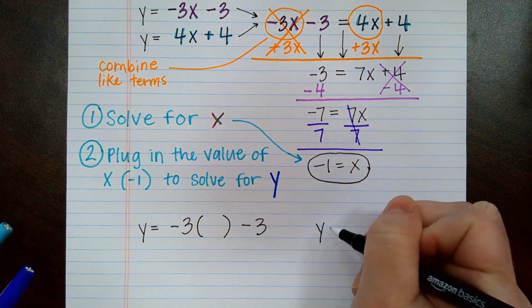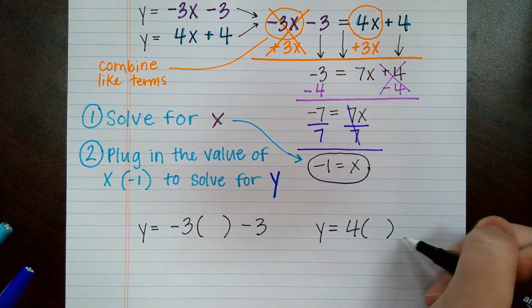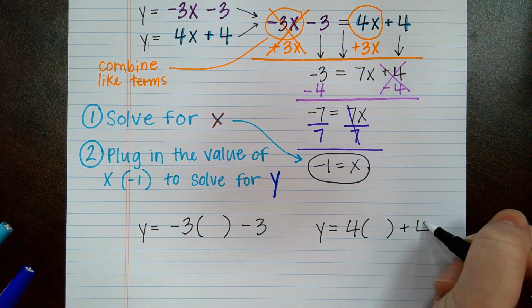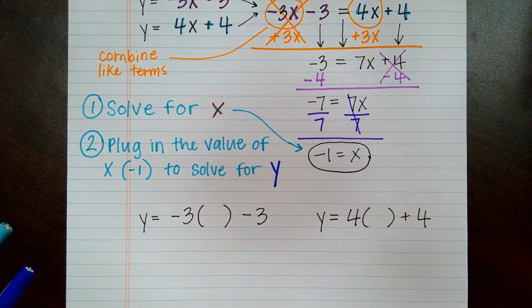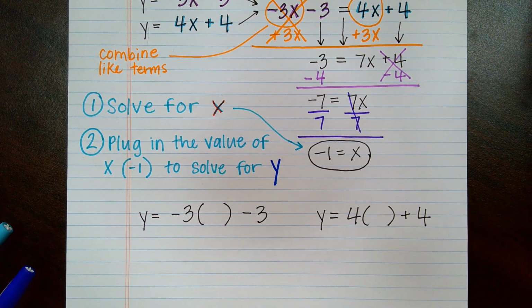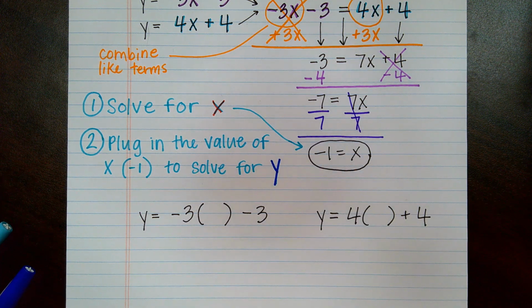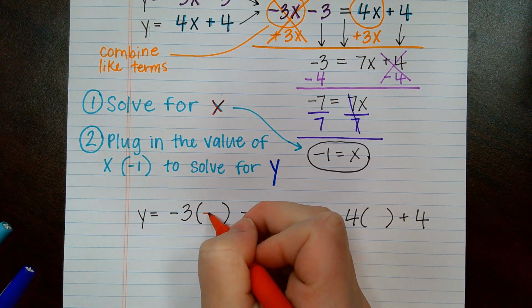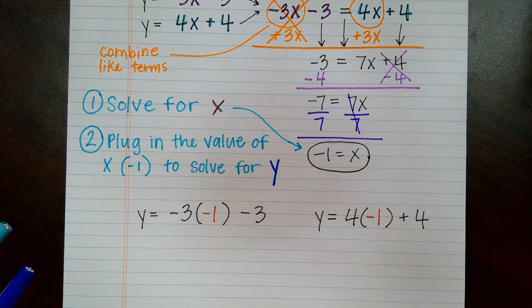And we have y equals 4 times x plus 4. So we know our x is negative 1, so let's plug that in, being very careful with our signs. Negative 1, negative 1.